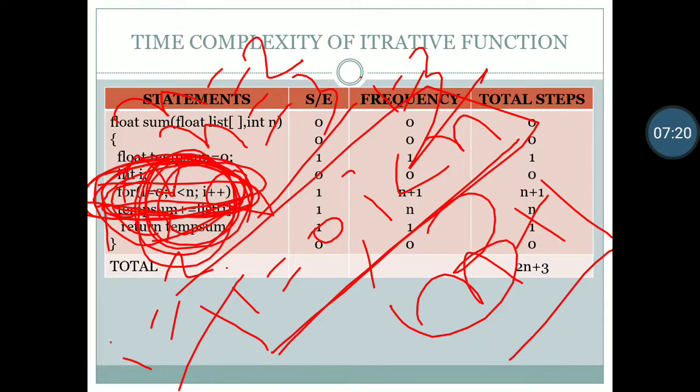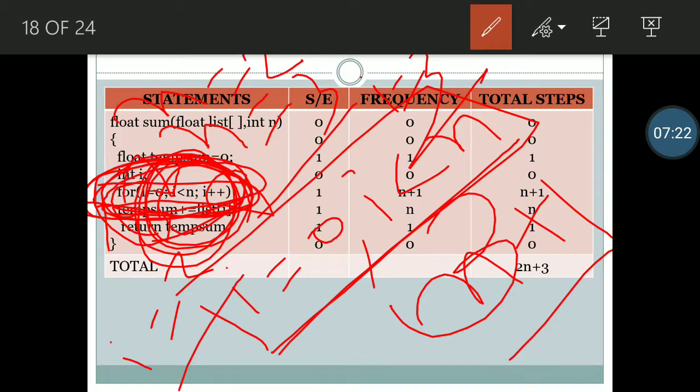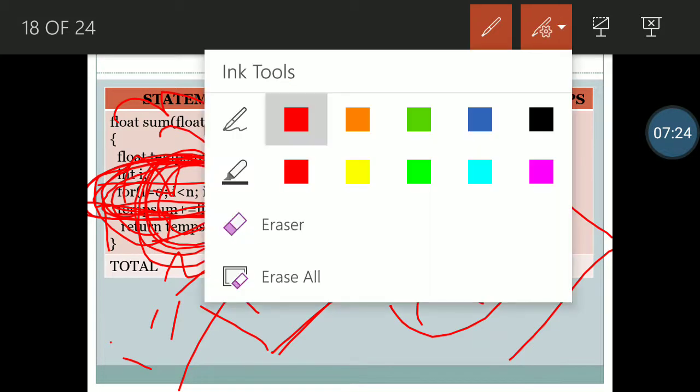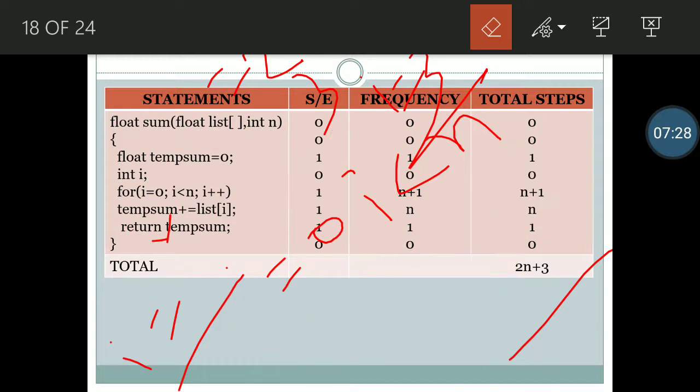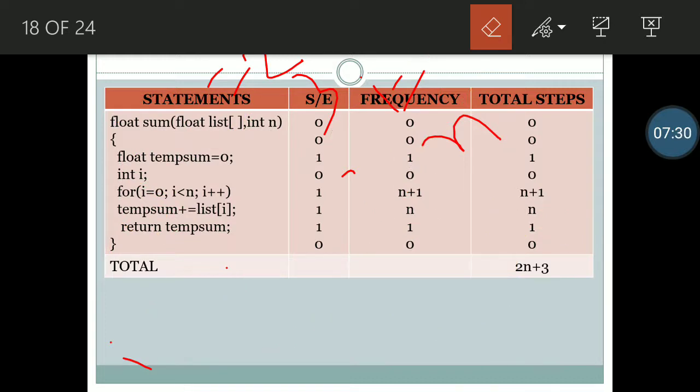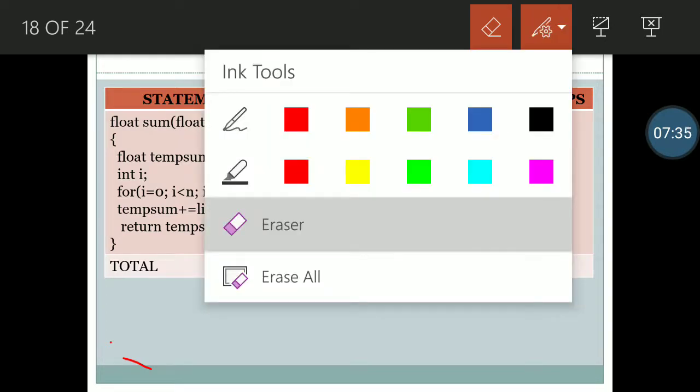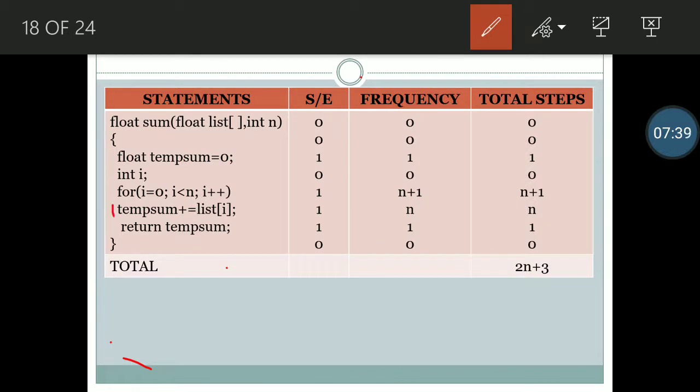N plus 1. After it, our next statement is tempsum plus equal to list i.